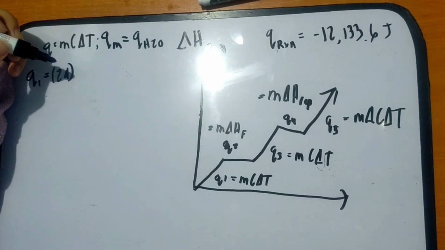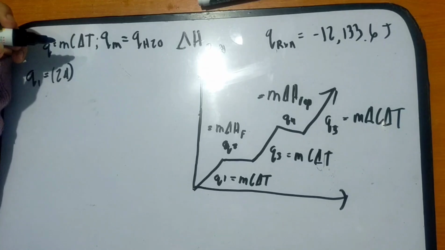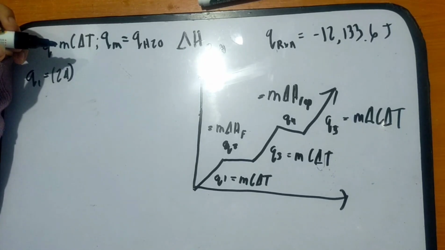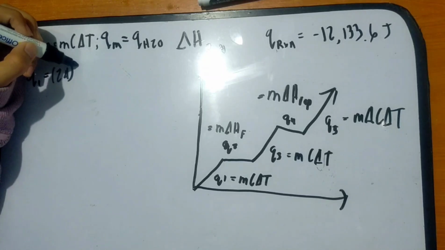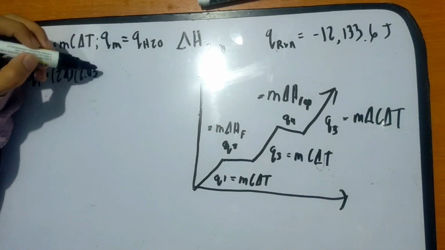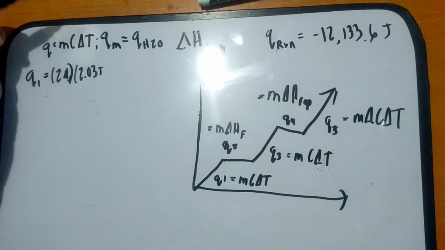Next is its specific heat capacity, which is 2.03, which is given naman doon sa question of ice. That is, should be joules. Forget the signs. Sorry.